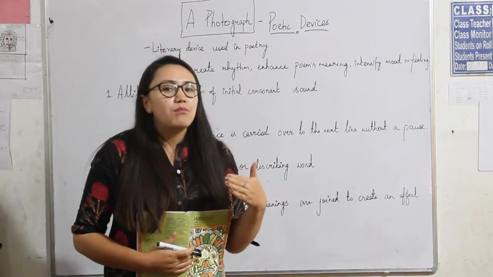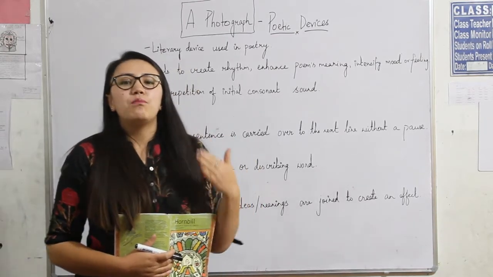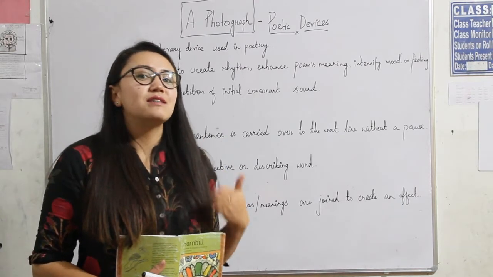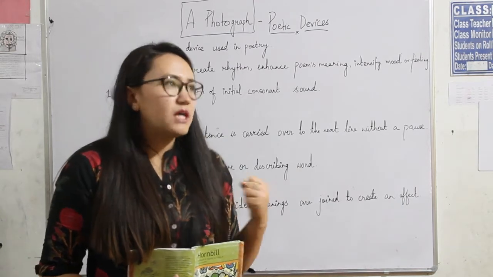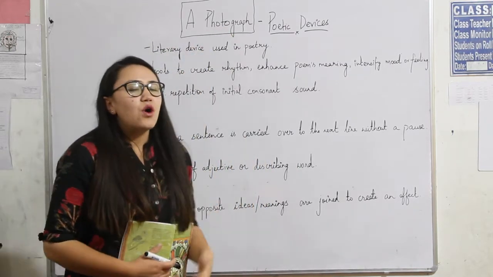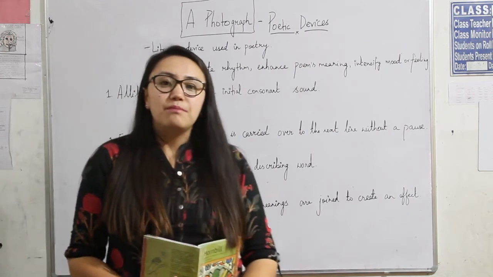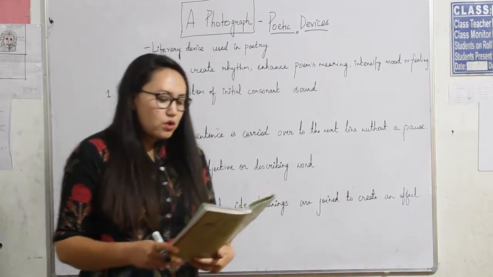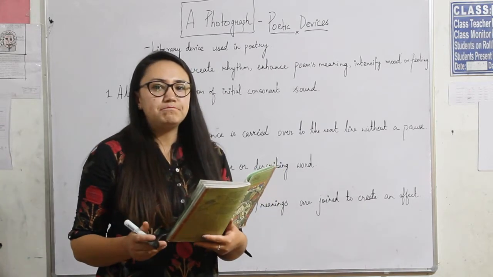These are very important devices which a poet uses to magnify the beauty of the poem. So in this poem, A Photograph, what all literary devices the poet has used, we are going to do that today.